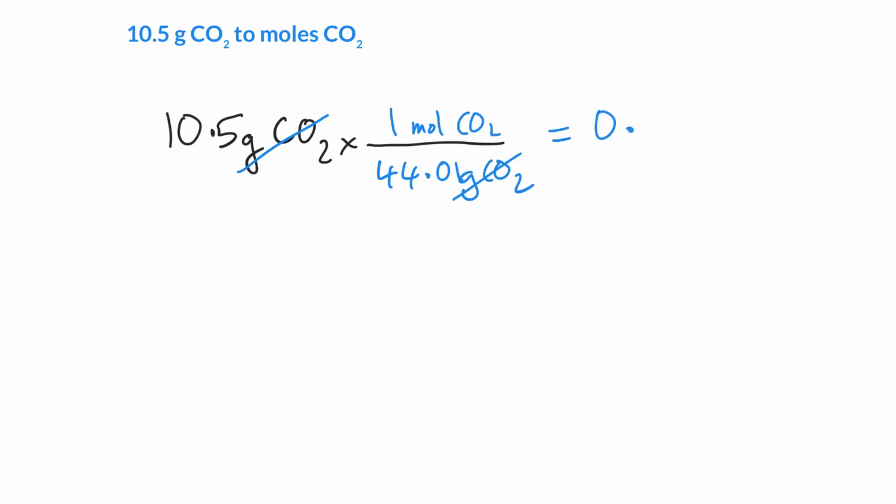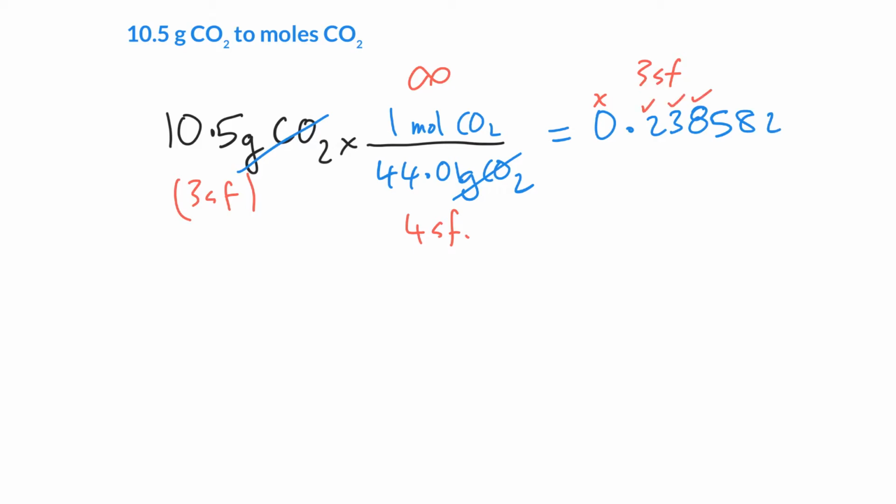Our calculator is very naughty and gives us a very large number that starts with 0.2385821 blah blah blah. Significant figures: 10.5 has 3, that 1 is exact, and 44.01 has 4, so clearly we need 3 here. Leading zeros never count, so 2, 3, 8 is good.